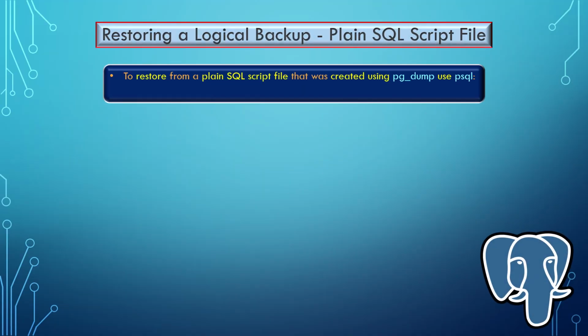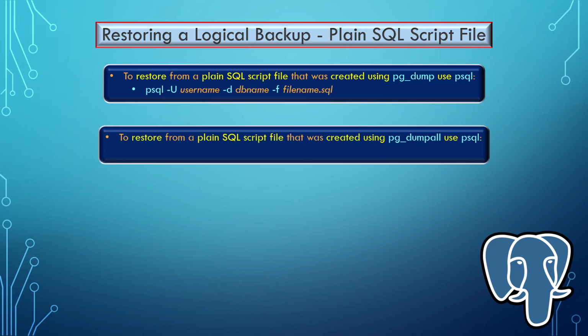To restore from a plain SQL script file that was created using pg_dump, we would use psql with the syntax shown below. To restore from a plain SQL script file that was created using pg_dumpall, we would use psql with the syntax shown below.